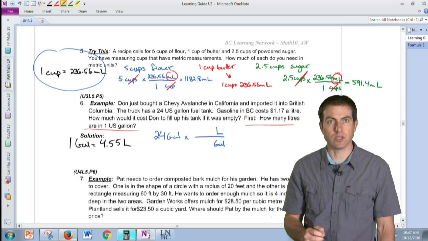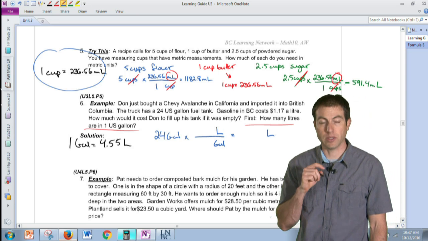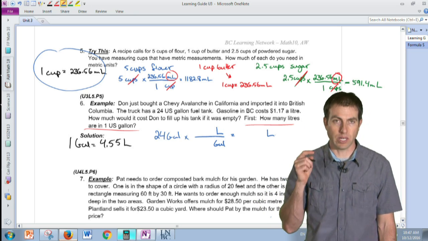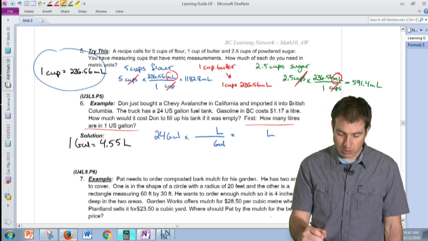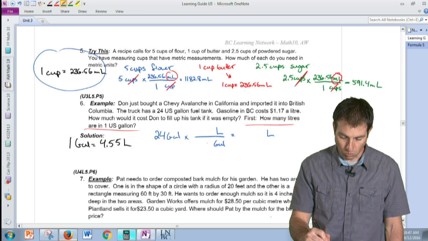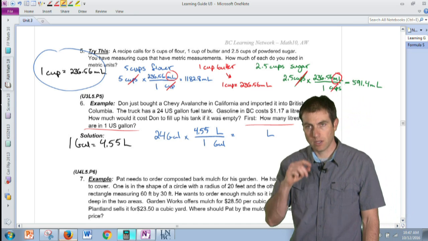I'm going to put liters on the top because I want to end up with units of liters. That's the whole point of this question, is to get from gallons to liters. Now what's the relationship between liters and gallons? Well, we just wrote that down and we said 1 gallon is 4.55 liters.